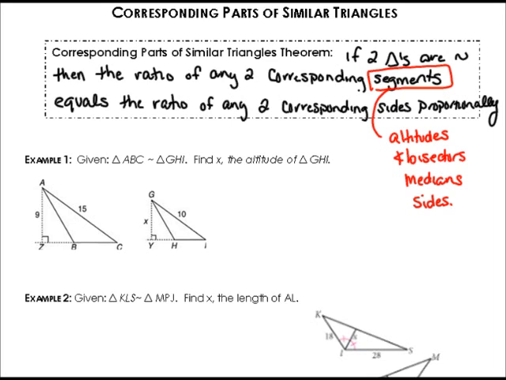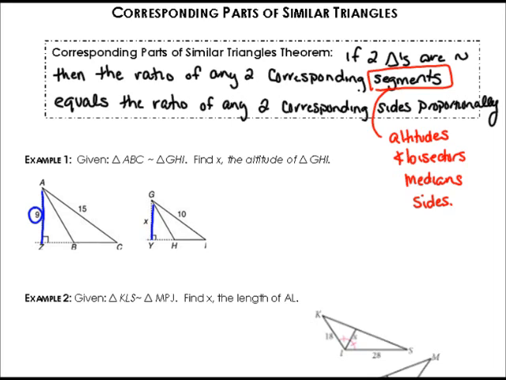In example 1, we're given that triangle ABC is similar to triangle GHI. We need to find x, which is the altitude of triangle GHI. Looking here, we have the altitude of triangle ABC, and the altitude here is 9. We don't know the altitude of our little triangle, that is x.